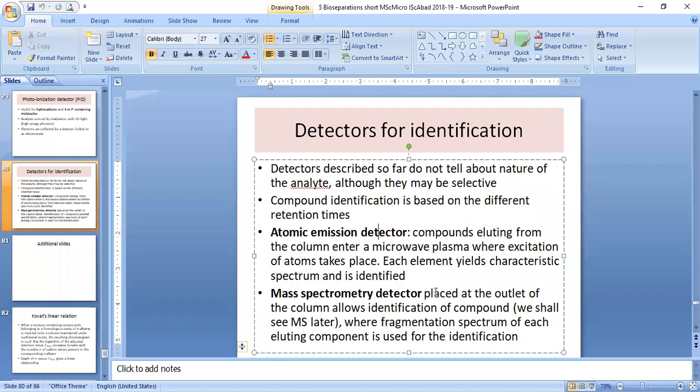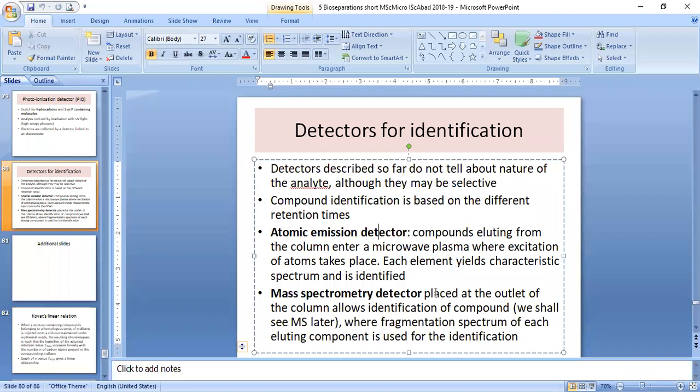There you will probably understand that an atomic absorption spectrophotometer or atomic emission spectrophotometer is useful for the identification of metals, heavy metals especially. If there are heavy metals present in your sample, then they will be detected by this kind of detector. Metal containing compounds can be detected by using this detector. Is it okay?